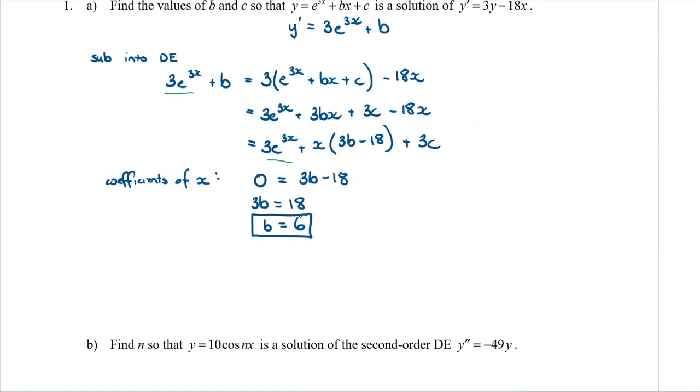To find c, if we need to find the value of b and c, which is what the question was, then it does matter. So we're going to find the coefficients by equating the constants.